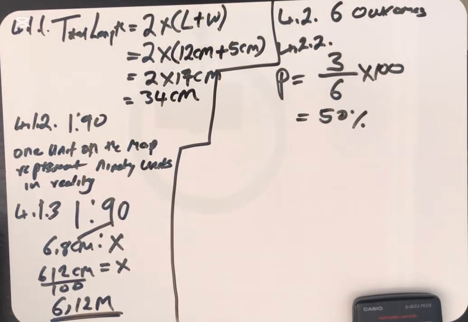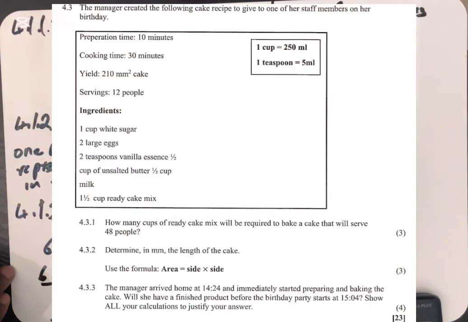Moving to the next question, 4.3, which is 4.3.1. It says the manager created the following cake recipe to give to one of her staff members on her birthday. Preparation is 10 minutes. Cooking time is 30 minutes.